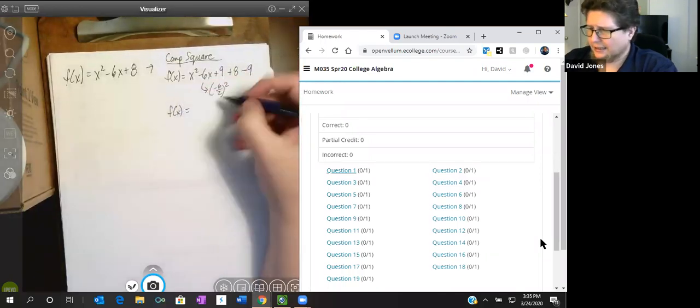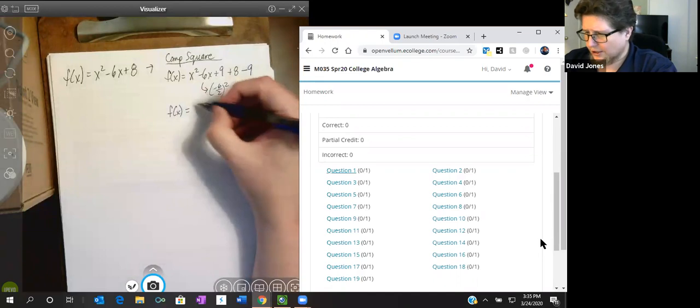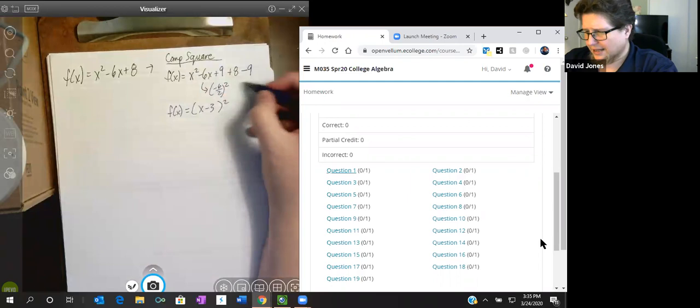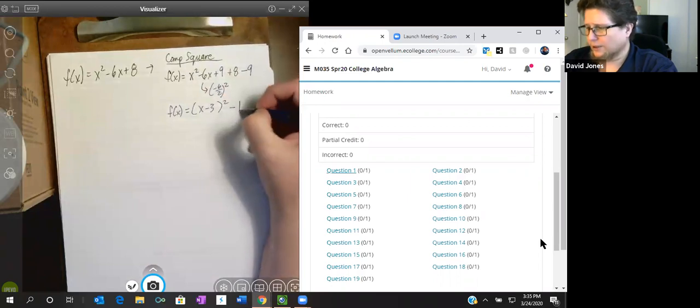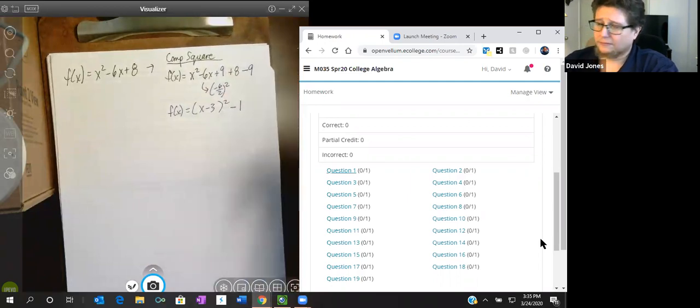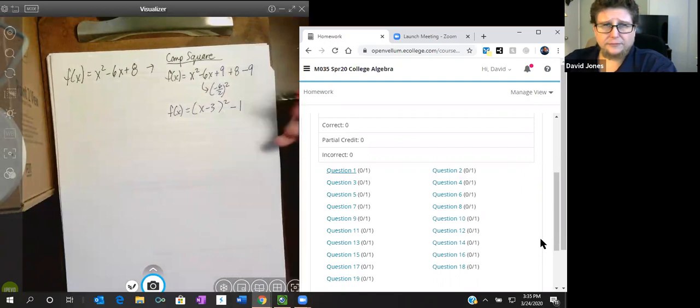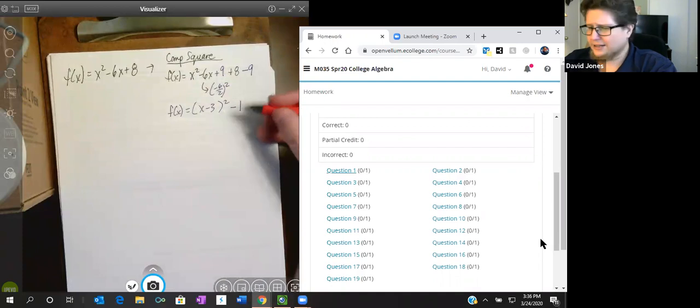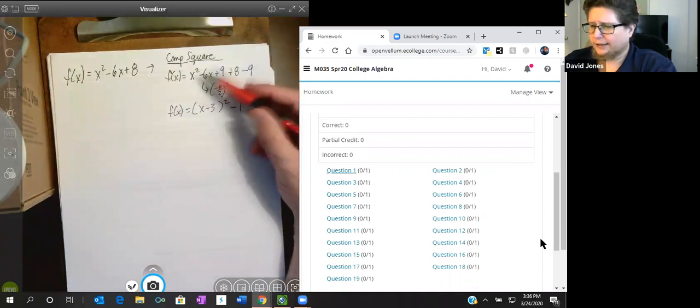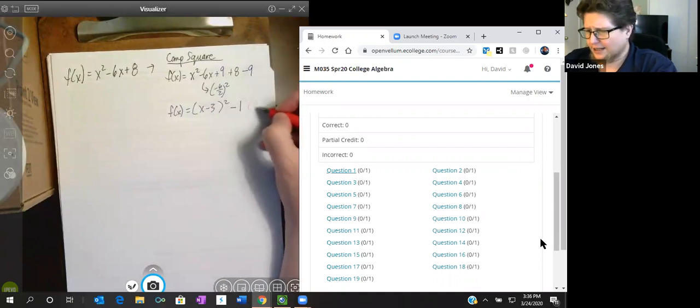When I do that, this portion here turns into x minus 3 squared. And then I have 8 minus 9 is negative 1. So that's one way of doing it. And that's handy because a equaled 1 here. So I'm going to have a vertex at 3, negative 1.